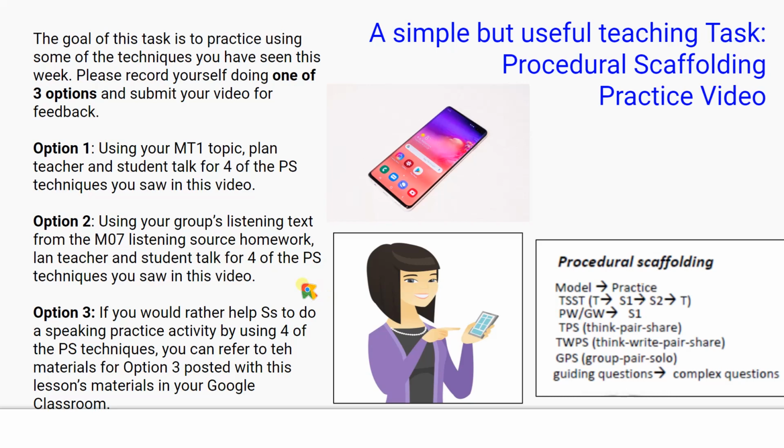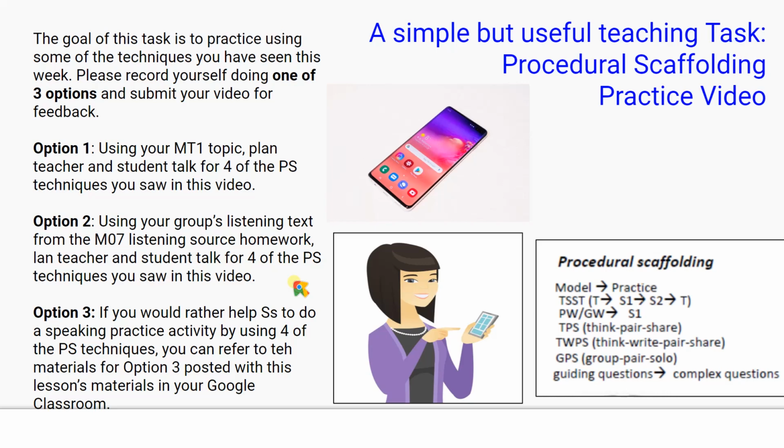Option number 2, you can use your group's listening text from the homework that you were assigned on M07, which is due M08. Same thing, use 4 of the techniques and provide the teacher talk and student talk for them based on your listening source homework. And check out the model for how to do that.